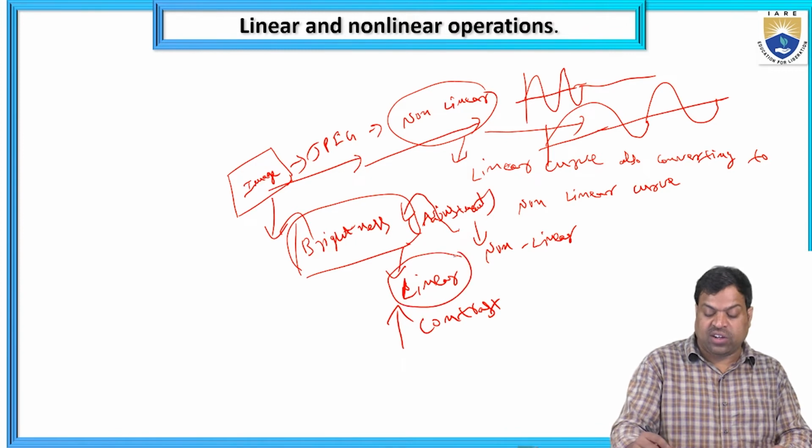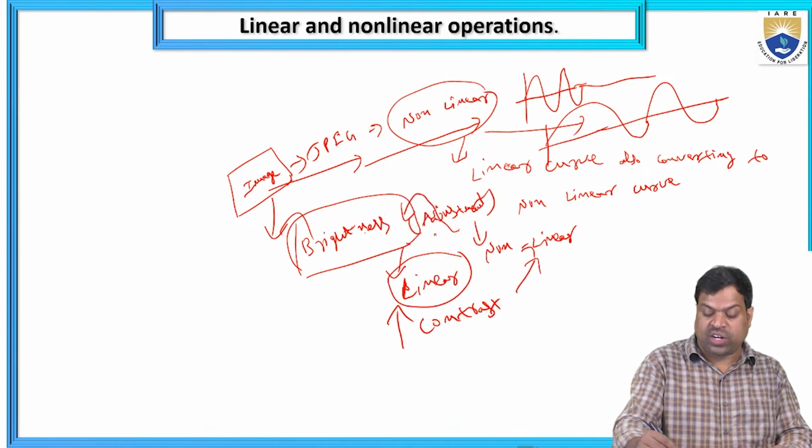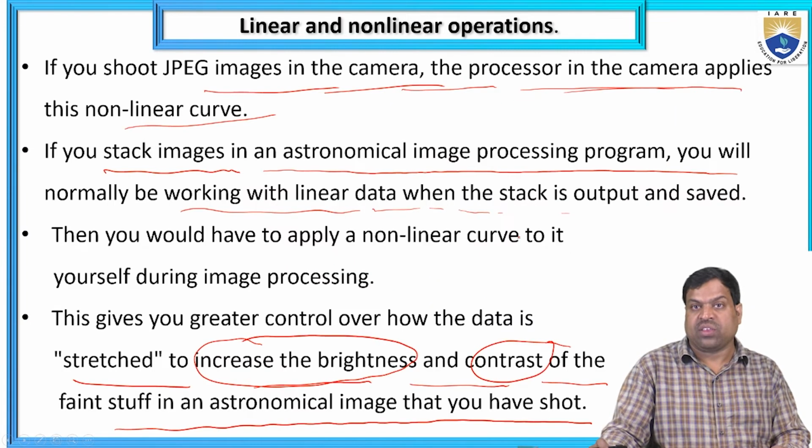That is linear. How we adjust the brightness and contrast is non-linear.